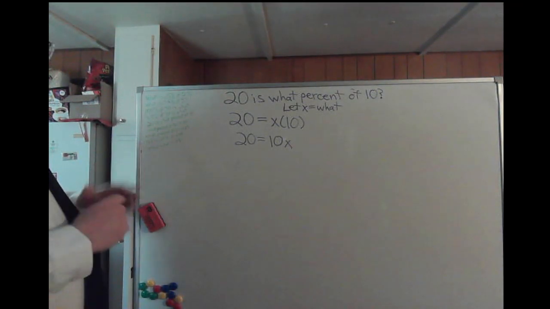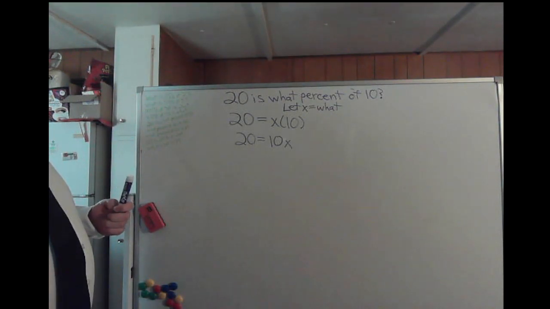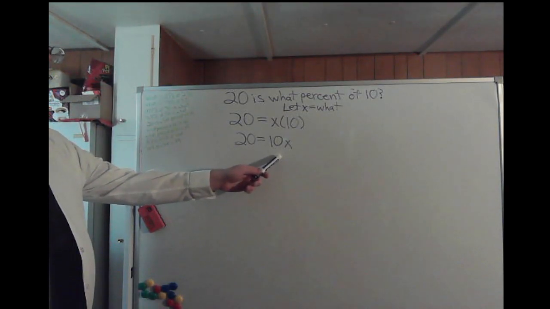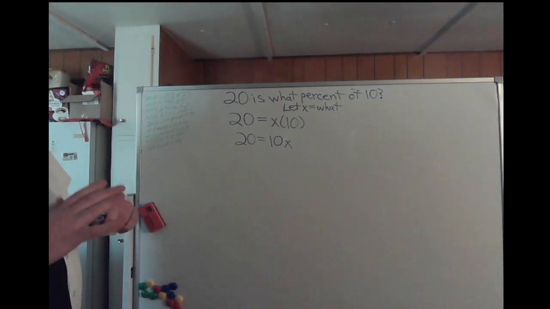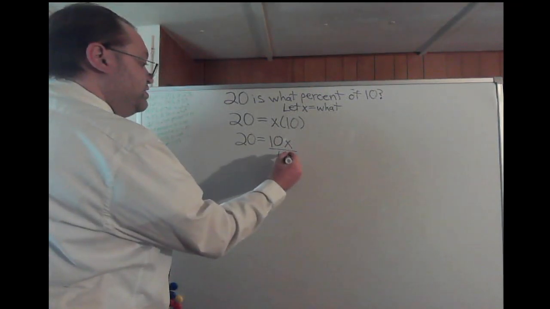Okay, so what we got to do to get the percent, we have a variable on one side, we have that 10x on one side, we want to get the x by itself, so what you got to do is divide both sides by 10. Let's go ahead and do that, alright?